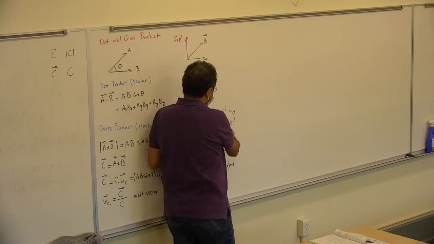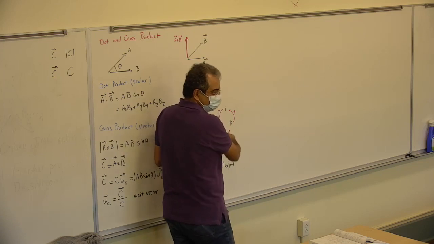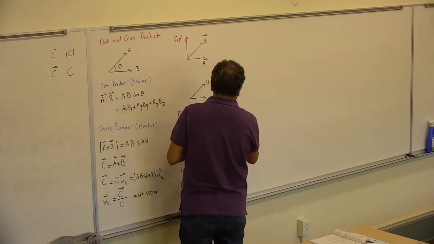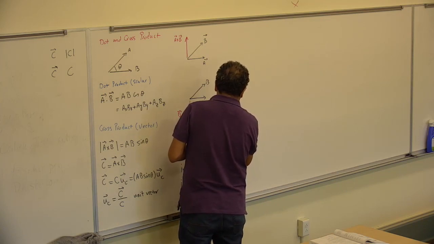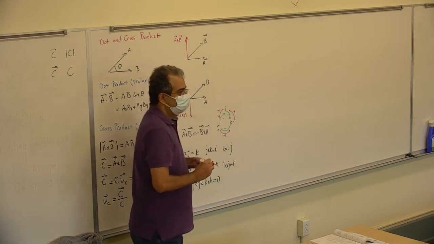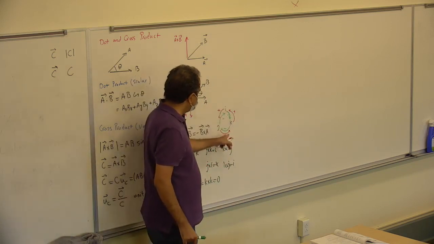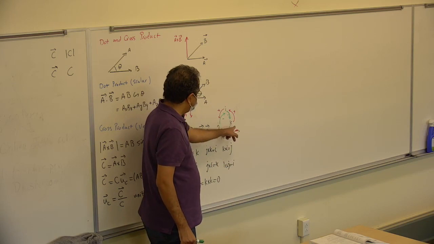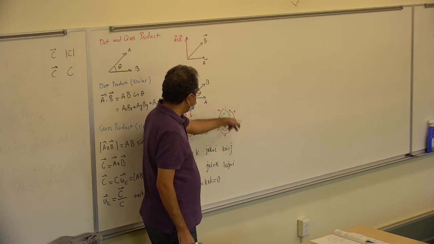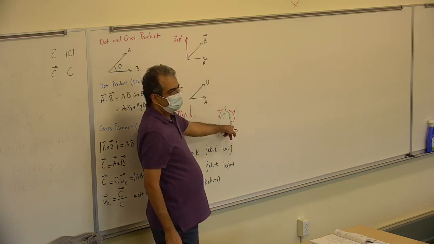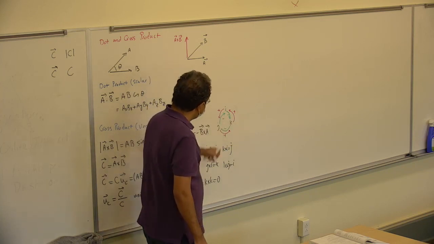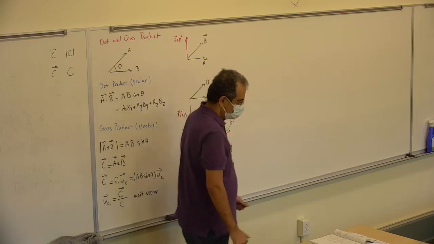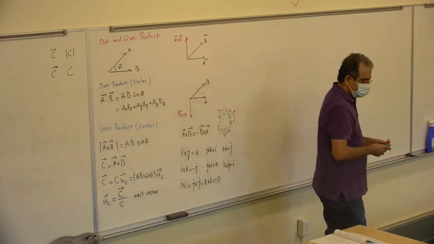IJ would be K, JK would be I, KI would be J. If I go the other way, it would be negative. So IK would be negative J, KJ would be negative I, JI would be negative K. You got it? So instead of memorizing all of this, if you remember these two, it makes it much easier.